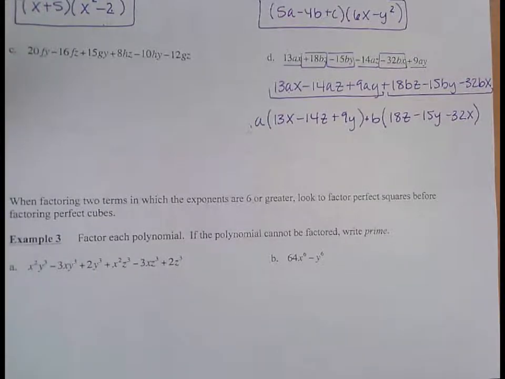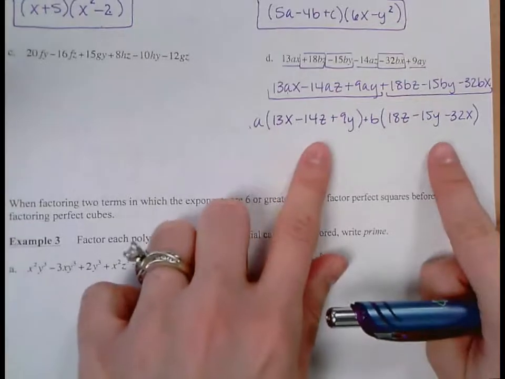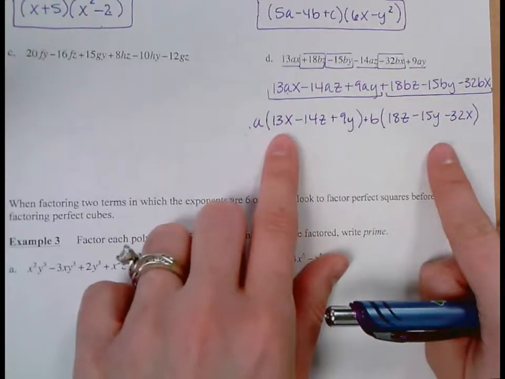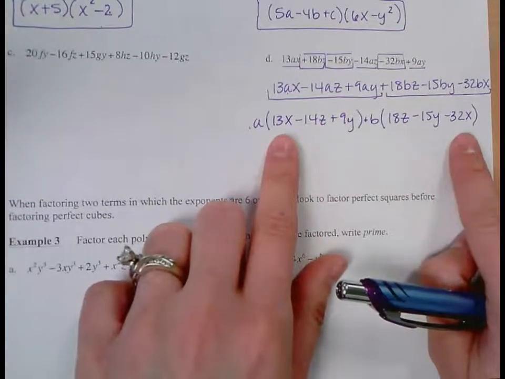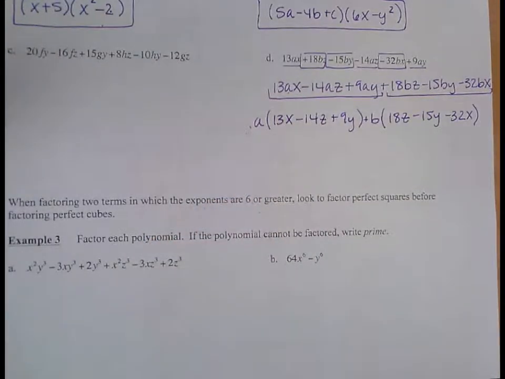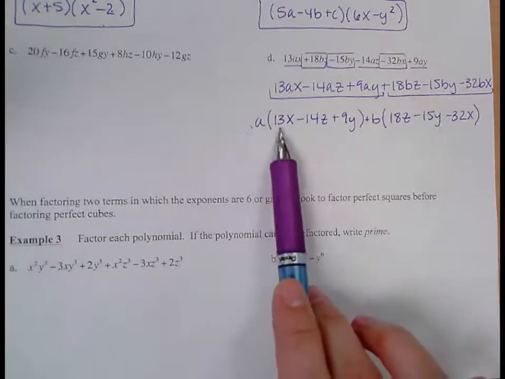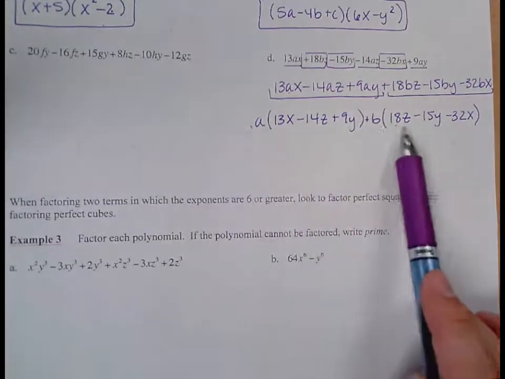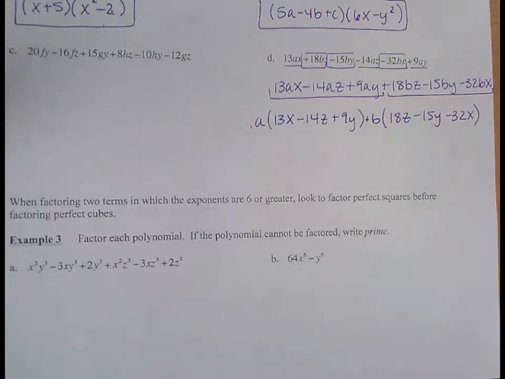So when you look at your parentheses, I could rearrange each parenthesis to be in the order x, y, z. I could do that, but aside from that, they're still not the same. I have 13x in one and minus 32x in another. So this could mean maybe I didn't take out the right GCF, but if I double check, there isn't anything additional I could have taken out.